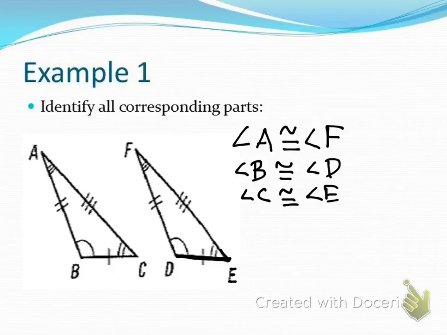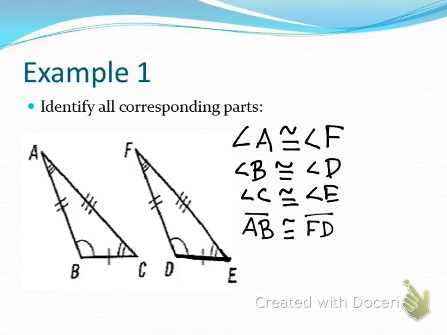All right, we can talk about the sides now. Remember, when you're labeling sides, these are just line segments. So you need 2 letters and the symbol for a line segment above it. So AB goes with which one? FD, very good.